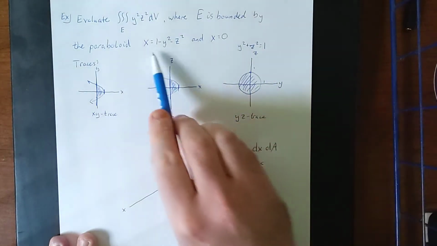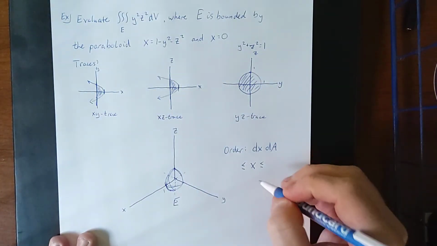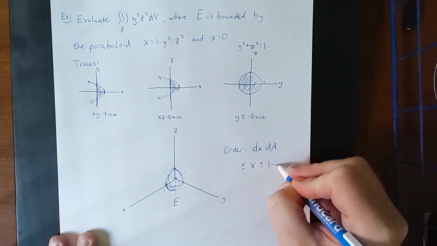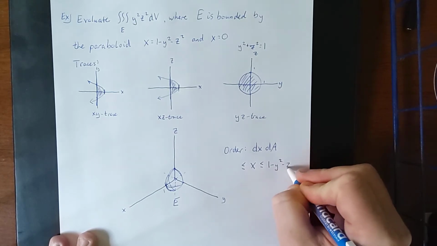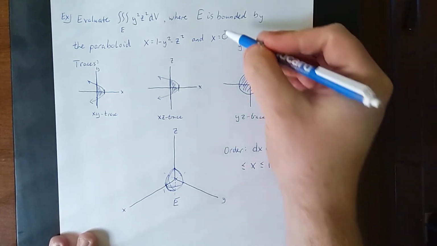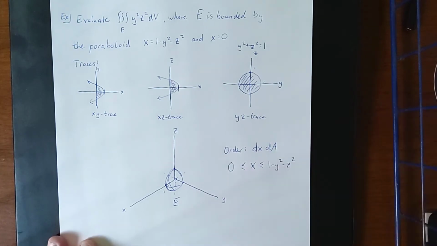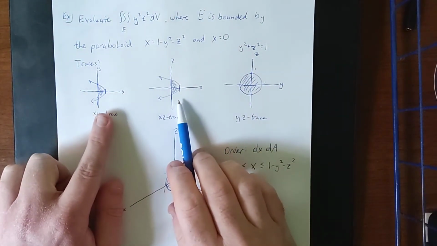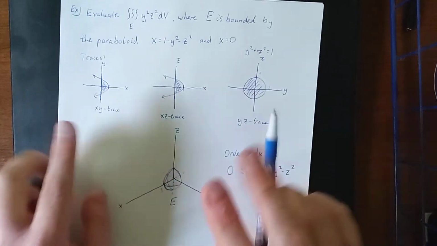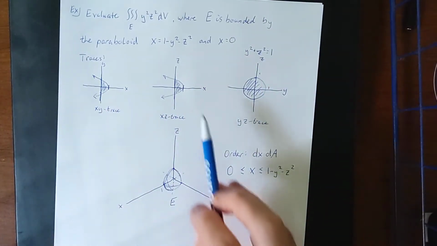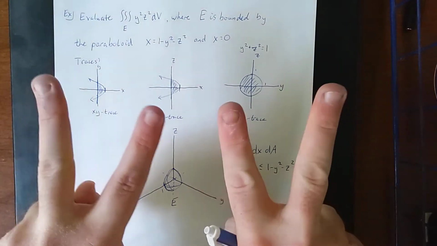Now these would be our 2 bounds that we have on x. So this will extend all the way up to the paraboloid and extend all the way down to x equals 0. I guess from this perspective, based on these 2 pictures right here, what we're saying is that the paraboloid is on the right and x equals 0 is on the left.